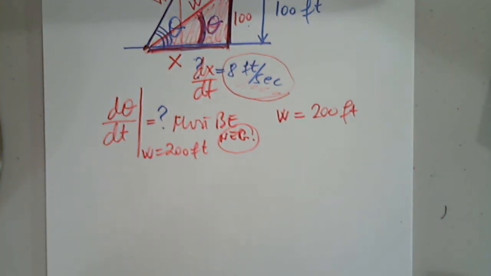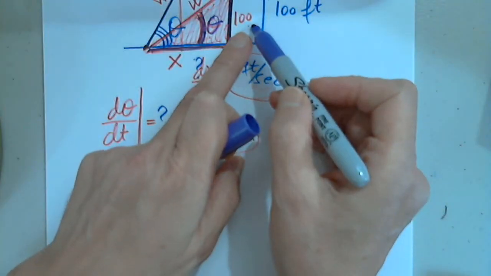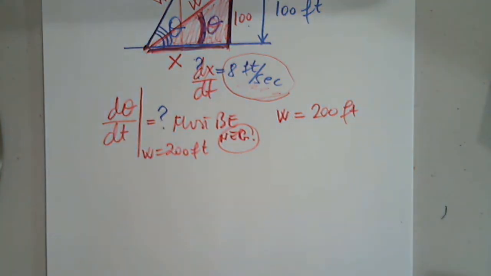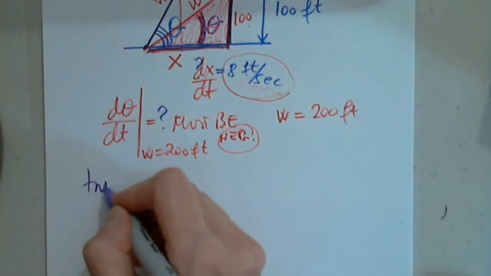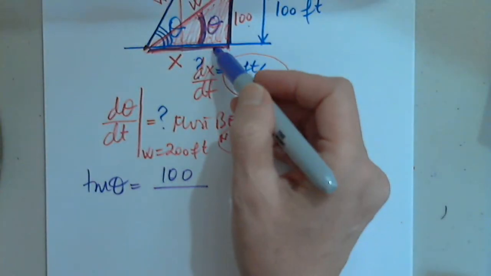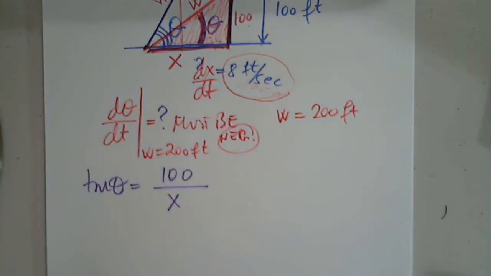A trigonometric function like sine? Sine is the opposite over the hypotenuse. I'm sorry, tangent. So tangent theta is the opposite, which is 100, divided by the adjacent, which is x. Perfect.